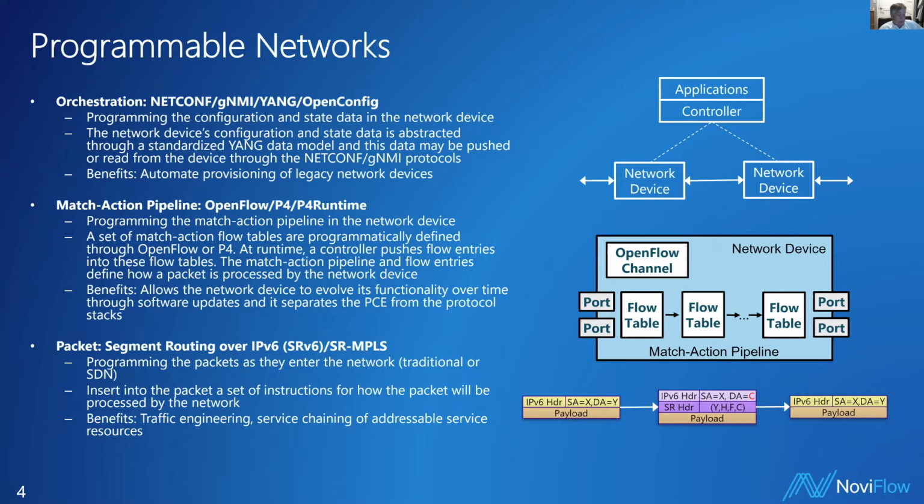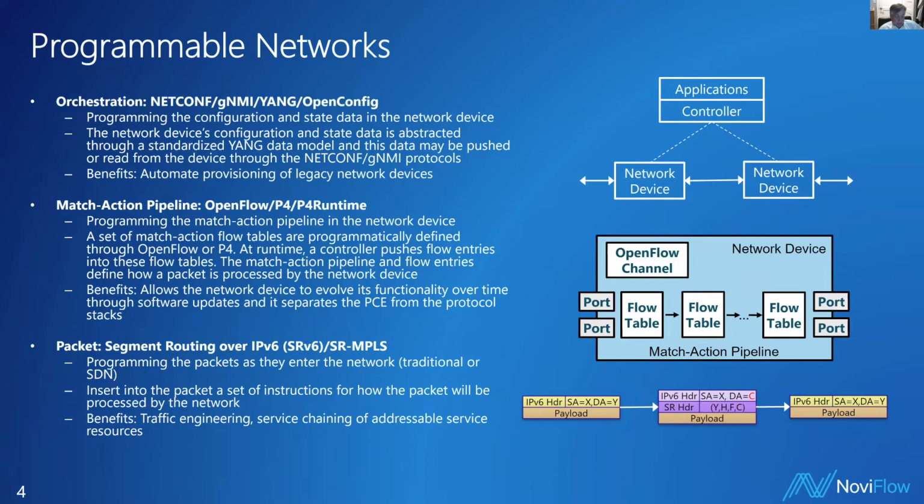The second way is to program the match action pipeline of the network devices. Here, a set of match action flow tables are programmatically defined through either OpenFlow or P4. At runtime, a controller pushes flow entries into these flow tables using the OpenFlow or P4 runtime protocols.